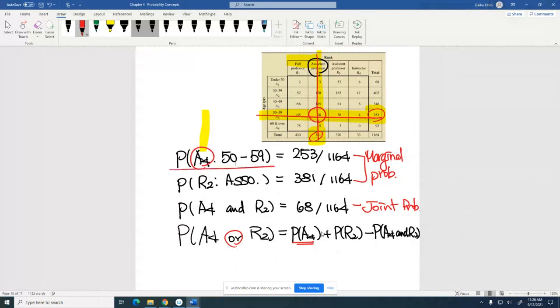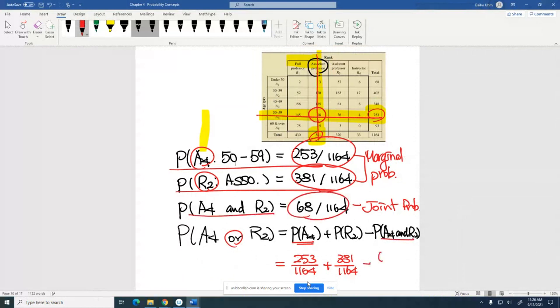A4, oh yeah, we took it. The probability of A4 was 253 out of 1164. R2, we got it. Add 381 out of 1164. And the joint probability, yes, we got it. Minus 68 out of 1164.